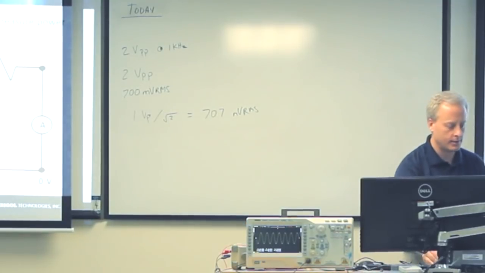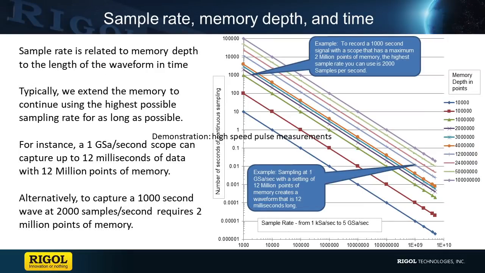Good. All right. So this slide is a little tricky, but we're going to work through it. What this slide's trying to show you is what a digital scope is doing. A digital scope has a couple key things: its sample rate, its memory depth, and then the time that you want to look at.